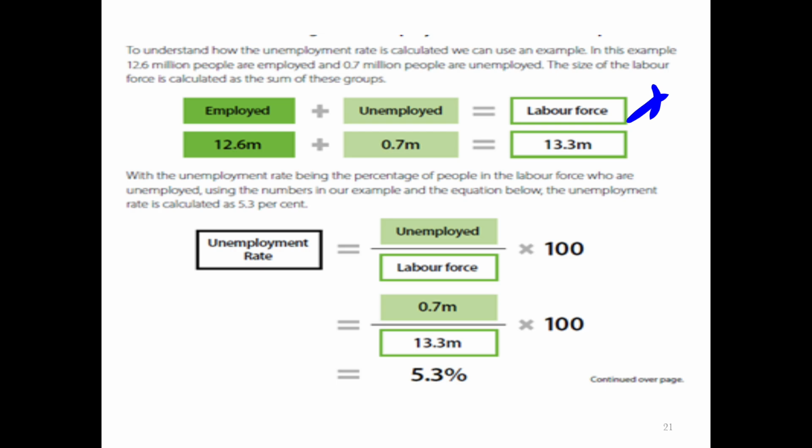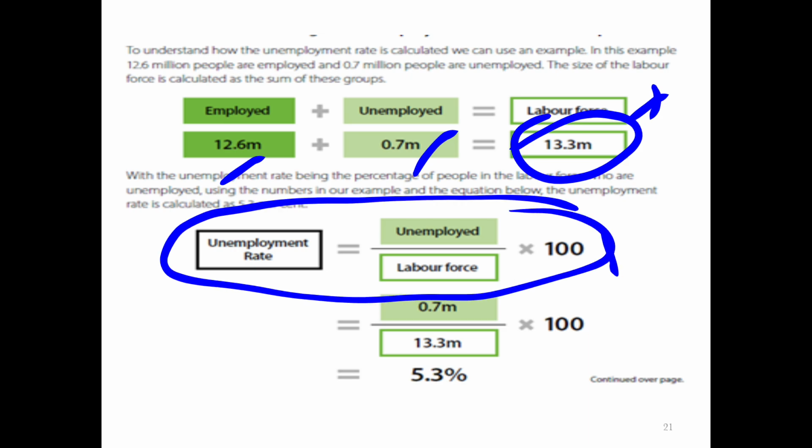So here we have 12.6 plus 0.7 million, which will give us 13.3 million as the workforce.